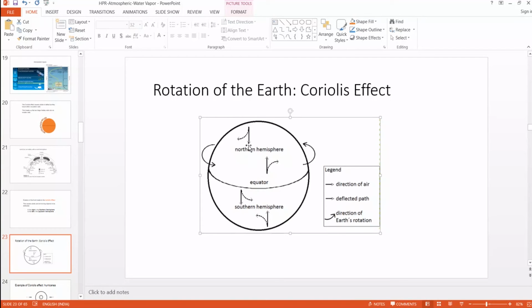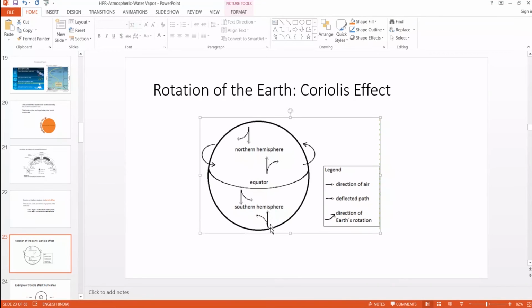Similarly, suppose the wind is blowing in the northern hemisphere from north to south. If this is the direction the wind is blowing, then it curves to its right side. In the southern hemisphere, contrary to this, the wind curves on the left side.